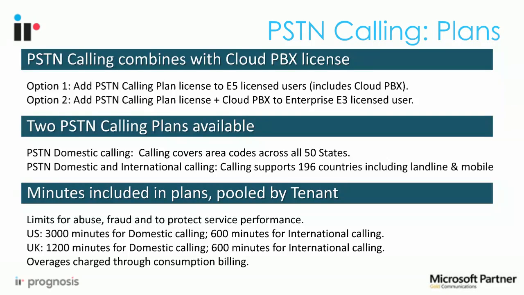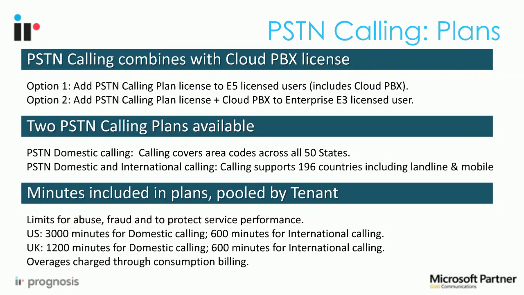And we have that charge sheet available where you can see how much the charge is for a call to a specific country as well. So PSTN calling really combines with the Cloud PBX license. You can add a PSTN calling plan with an E5 license user, $12 for domestic calling and $24 for domestic plus international.